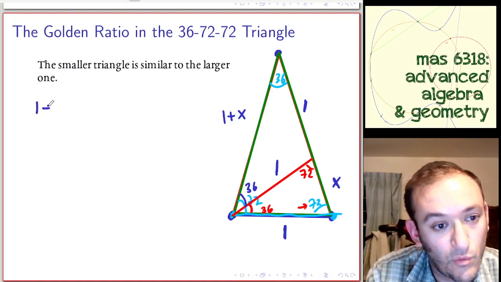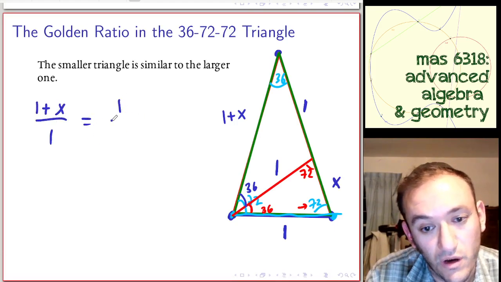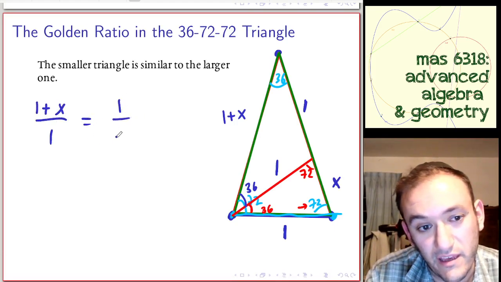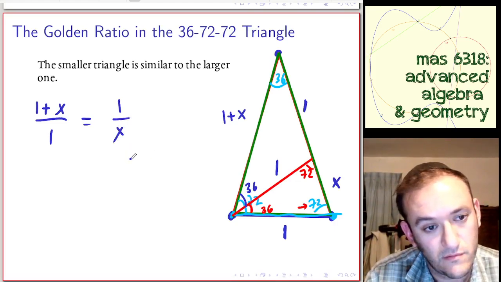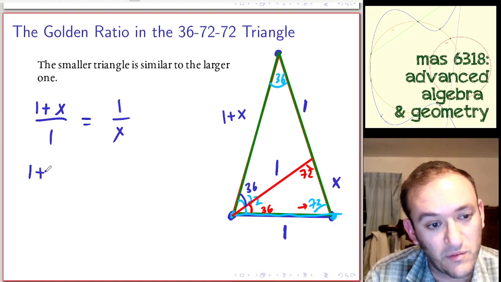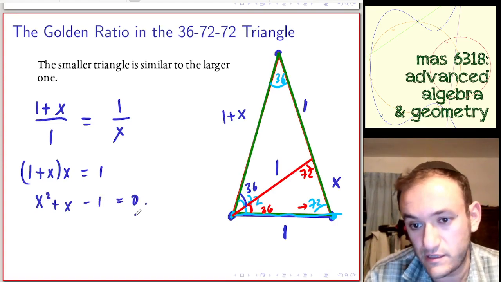So we'll have 1 plus x divided by 1 has to be equal to 1 divided by x. Okay, and that tells me that 1 plus x times x equals 1. x squared plus x minus 1 equals 0.